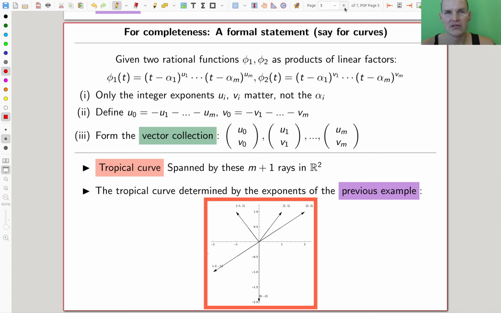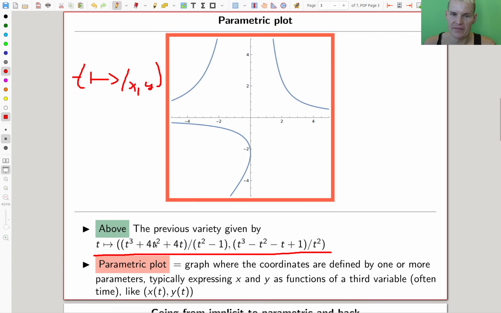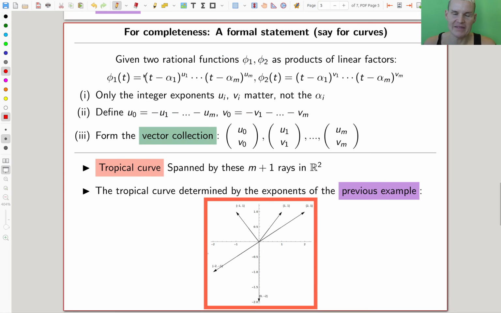For tropical curves, it's actually pretty easy. It's surprisingly easy again. It works as follows. You just have two rational functions, right? So these are first coordinate, second coordinate type thing, rational functions in t, our variable. Let's say we work over the complex numbers, then we can just factor them, right?